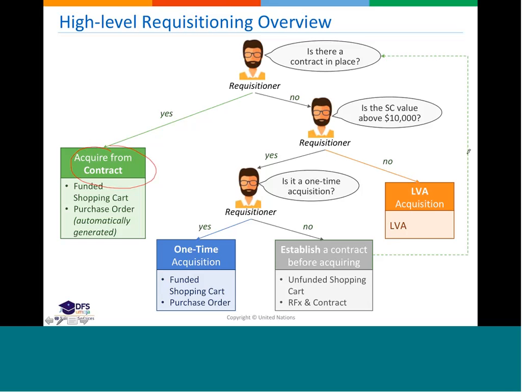And this PO will be assigned to the WBS project as well. So the unfunded shopping cart is not directly linked to the project. It's the funded shopping cart and the PO.